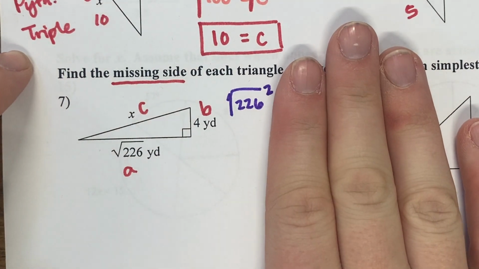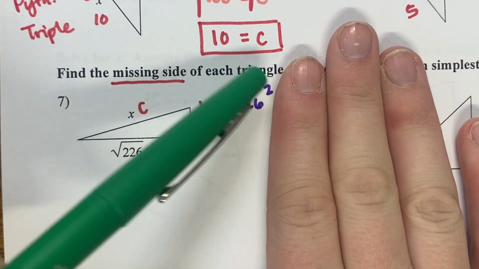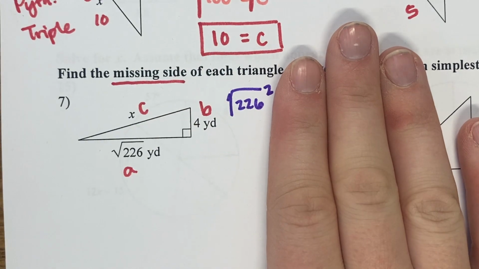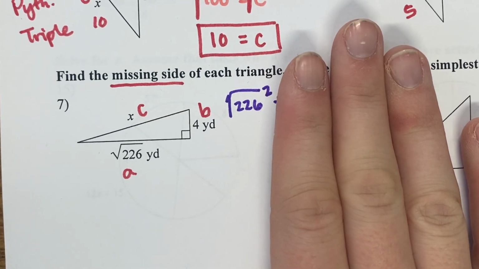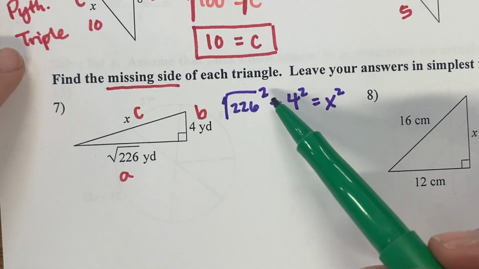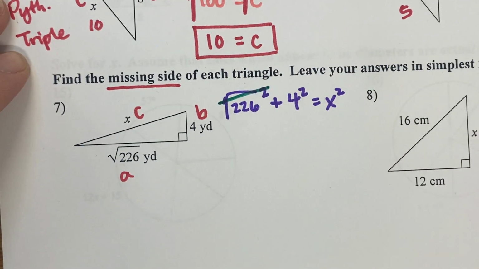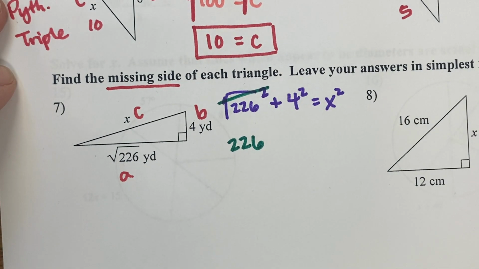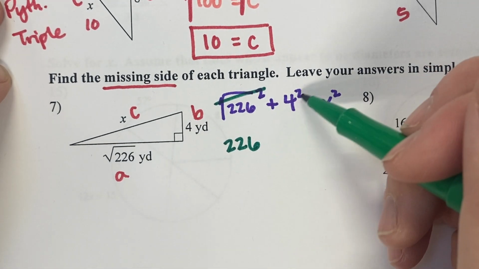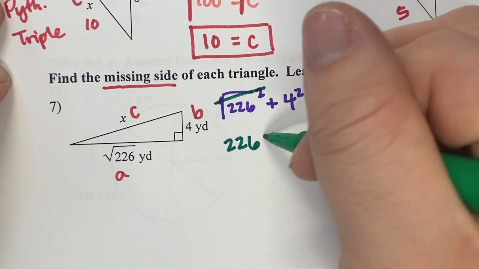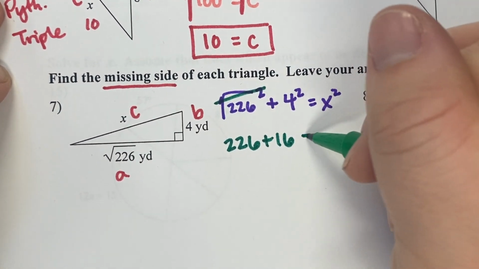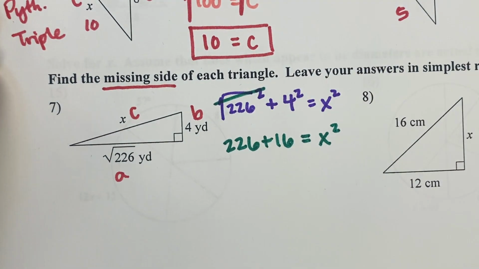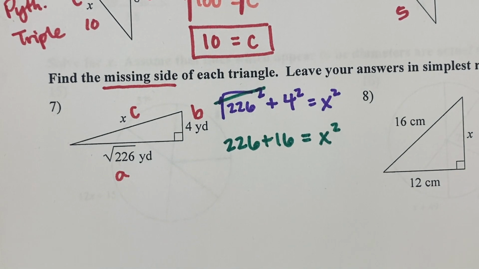Remember, what is the opposite of square? Square root. Those can't exist together. Whenever you have a square root and a square together, they cancel each other out. You're just left with what's inside. So now it's just 226 plus 4 squared, or 4 times 4. So 16, and it all still equals X squared.